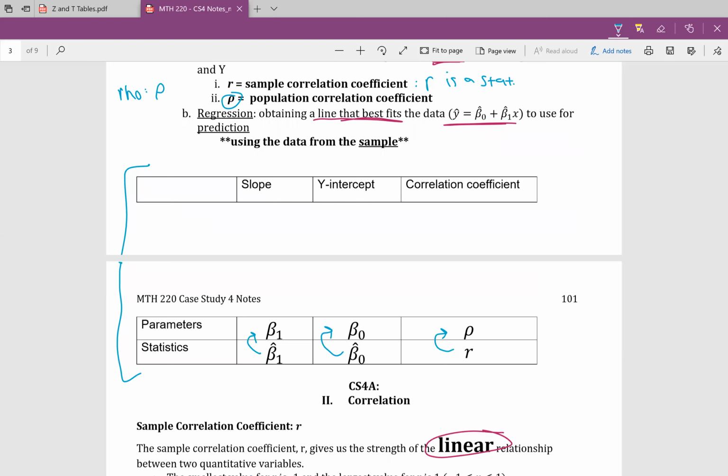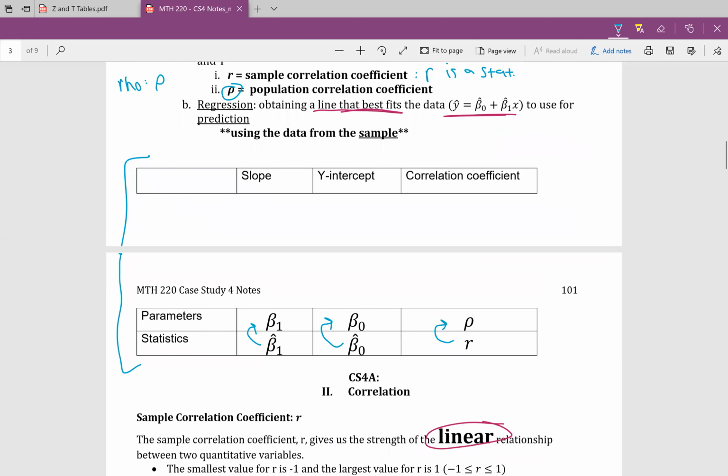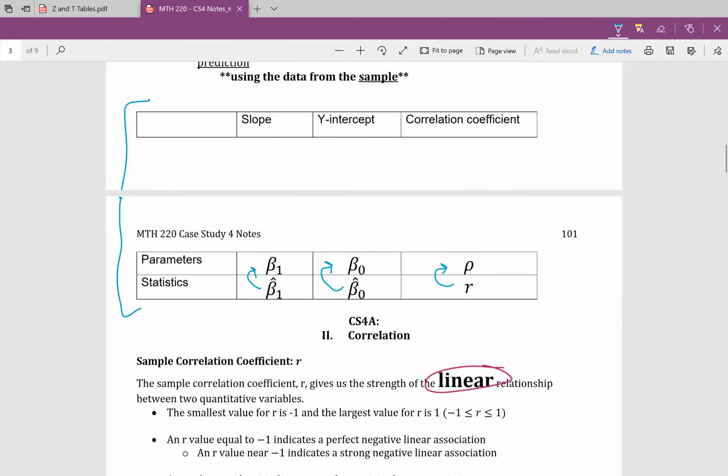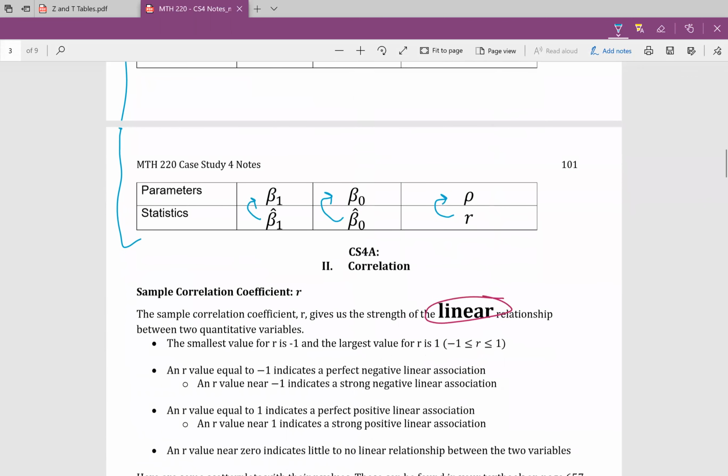Now just some facts about R. Let's start at the first one. The smallest value for R is -1, and the largest value for R is +1. So I wrote it right here: R can be anything between -1 and +1, inclusive, meaning it can also be -1 or +1.